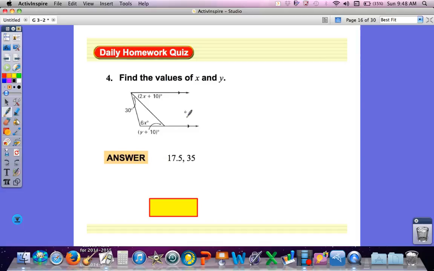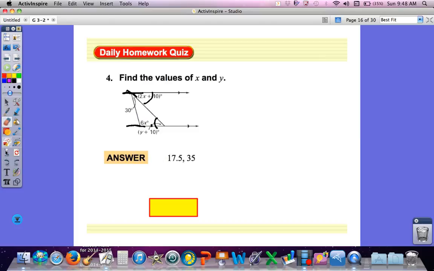These are parallel lines cut by a transversal. So there are a few different ways I could do this. There's a transversal here. So this is 2x plus 10 here. I should erase this one. This doesn't help you.